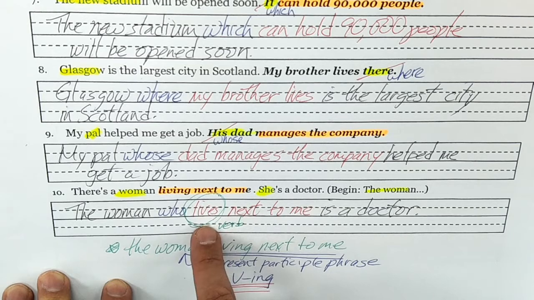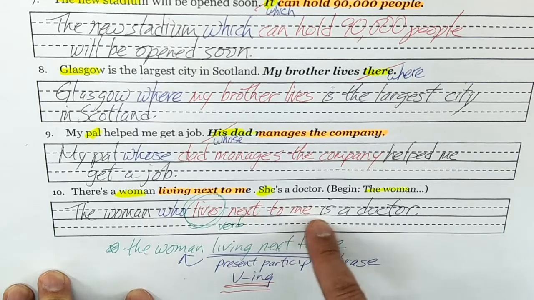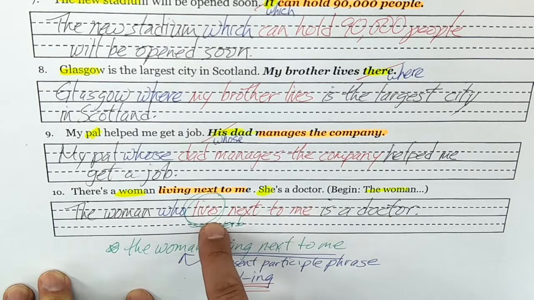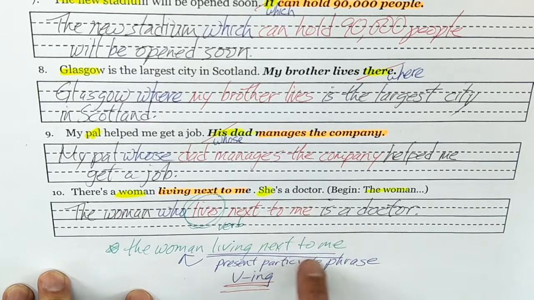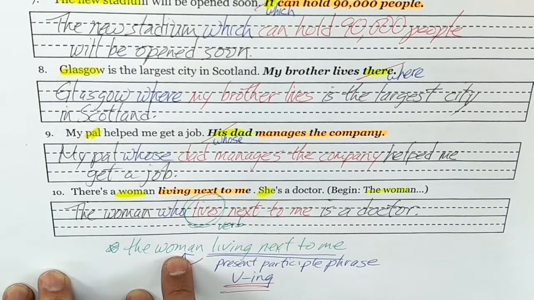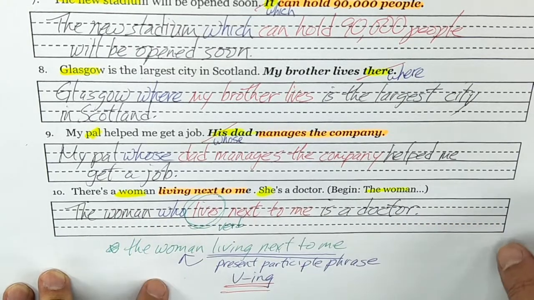So this is why we have to change this to lives. The woman who lives next to me is a doctor. Lives is a verb. Living next to me is a present participle phrase describing the woman. Here, lives is the verb. The woman who lives next to me is a doctor.